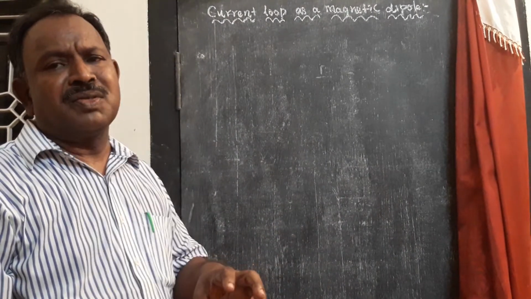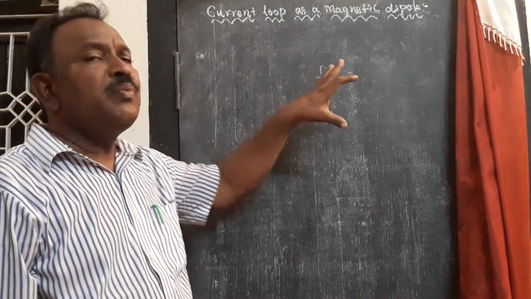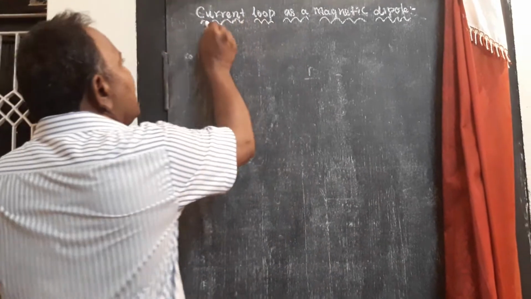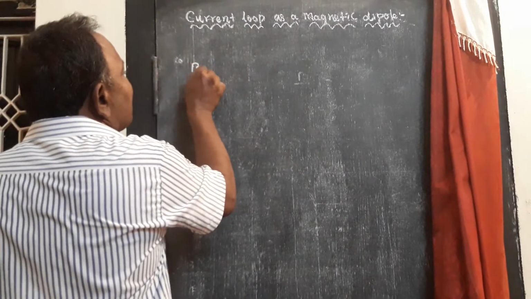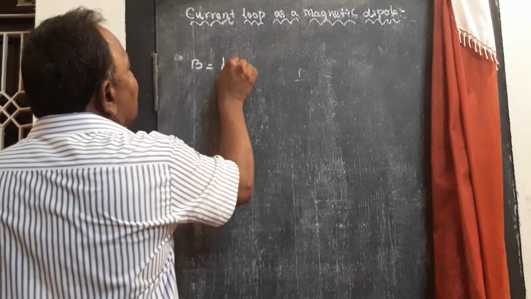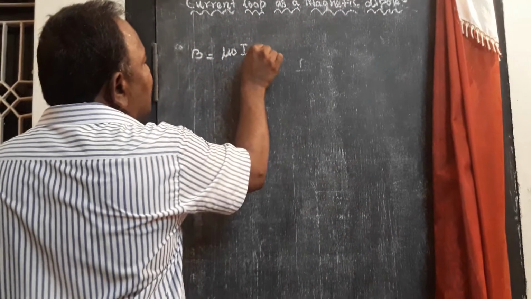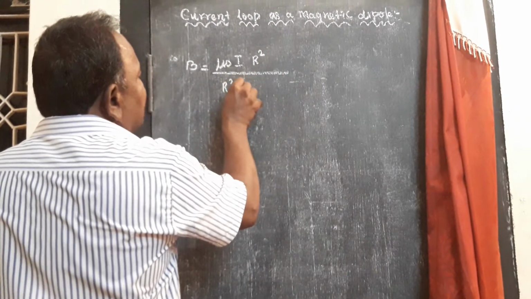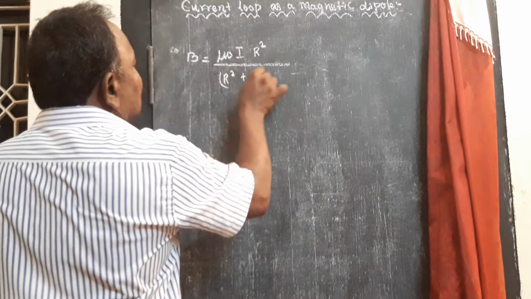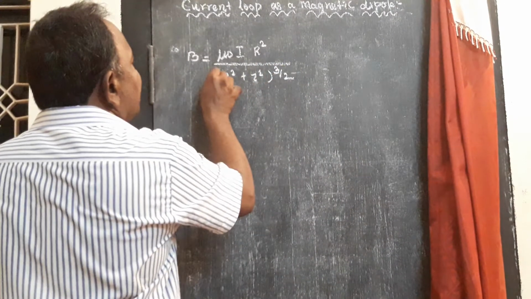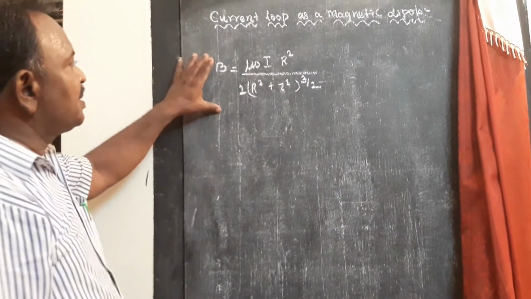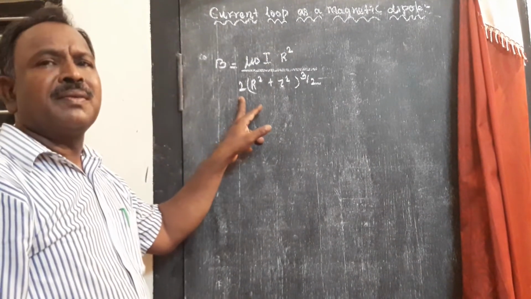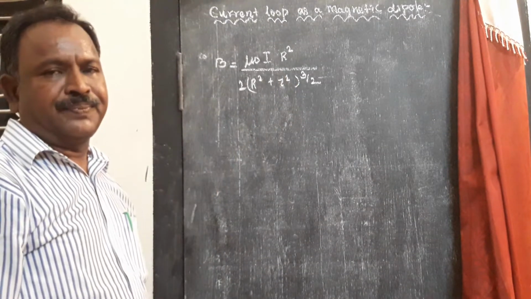So here we are going to see how a current loop is acting as a magnetic dipole. You know, the magnetic field due to a current loop is given by B is equal to mu naught I into R square by R square plus Z square whole power 3 by 2 into 2. This is the magnetic field due to a current loop at any point on the axis of the loop.